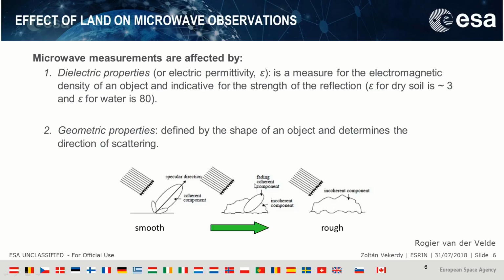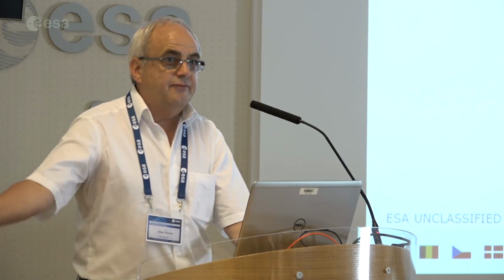If you have a rough surface, then you have a quite incoherent part. You will have a reasonably equally distributed reflection, depending on the roughness and depending on the geometry of the surface. And of course, you have many in between. So not only the amount of water that is in the soil will define backscatter, but the surface roughness as well.